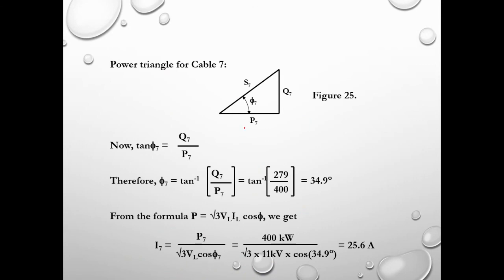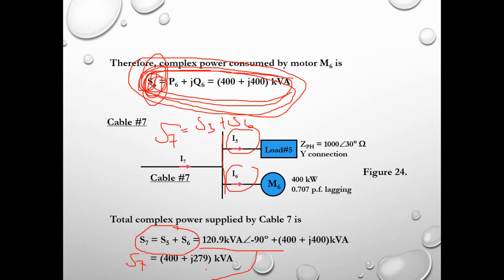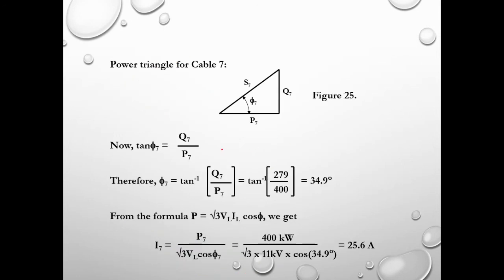Again, for the power triangle for cable number 7, we have S, P, and Q. Tangent of theta, we obtain from this equation, with Q and P. From this Q and P with the power triangle, we can calculate the angle theta 7. So just take the value of Q and P of S7.